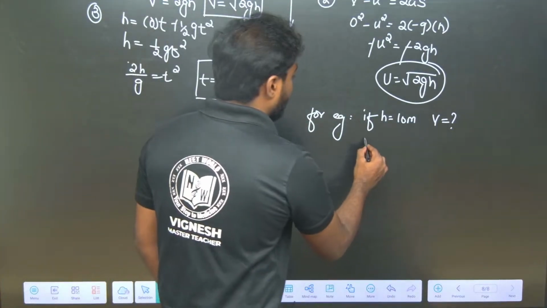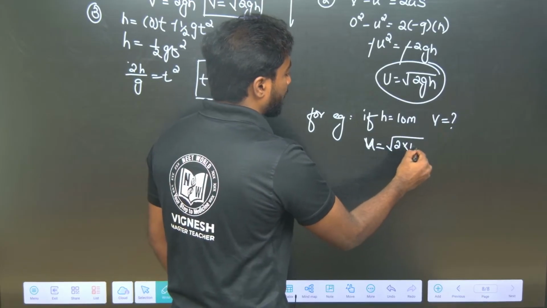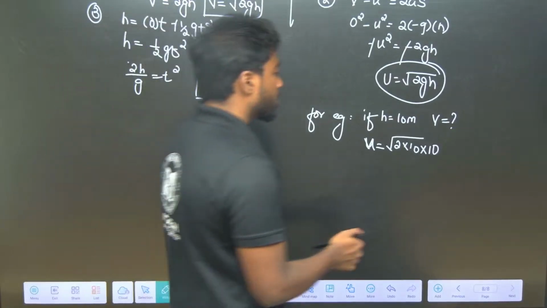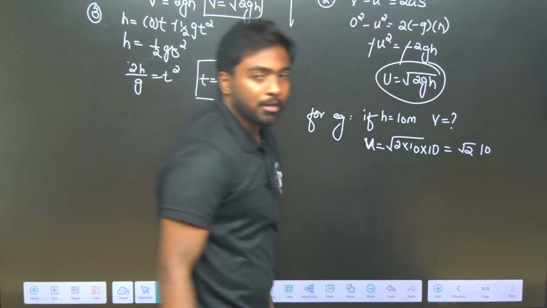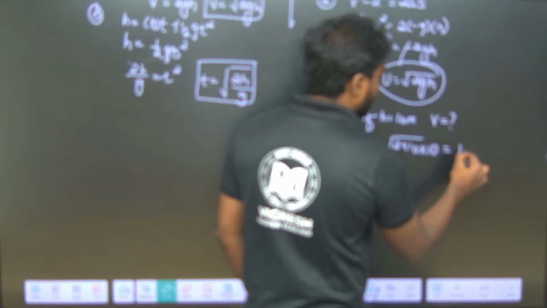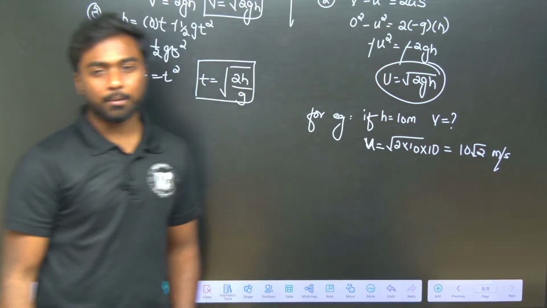So u will be equal to root over 2 into 10 into 10, which is nothing but 10 root 2. So 10 root 2 meter per second.